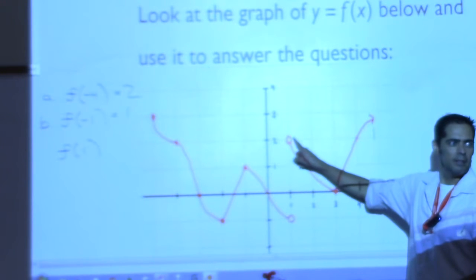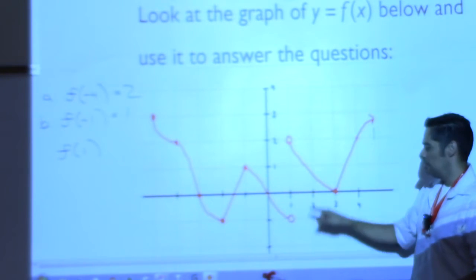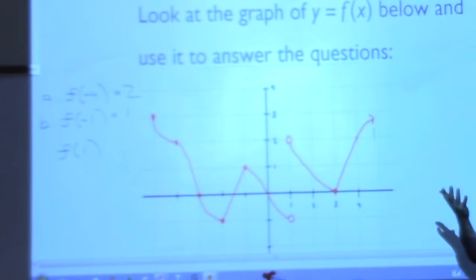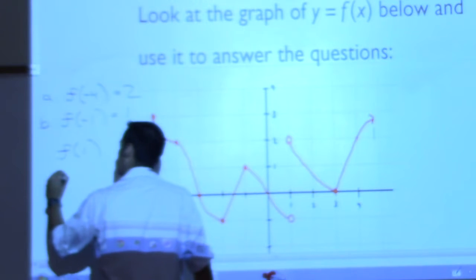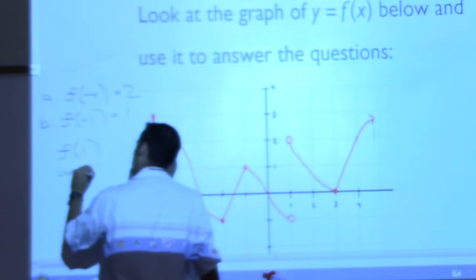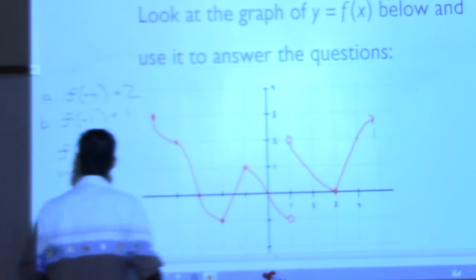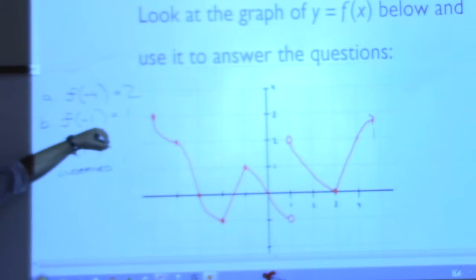What does that mean? There's no point there. And there's no point here, which means it's non-existent. So we say undefined. F of 1 would be undefined. Everyone understand that? And you don't say equals undefined, because you usually say equals a number. So f of 1 is just undefined. All right?